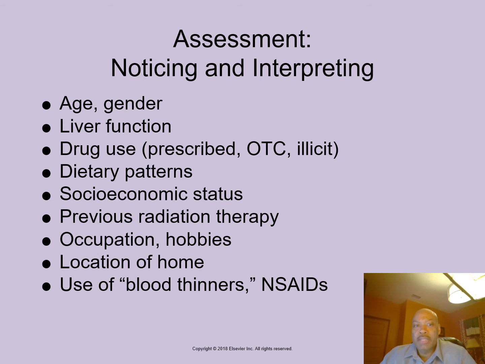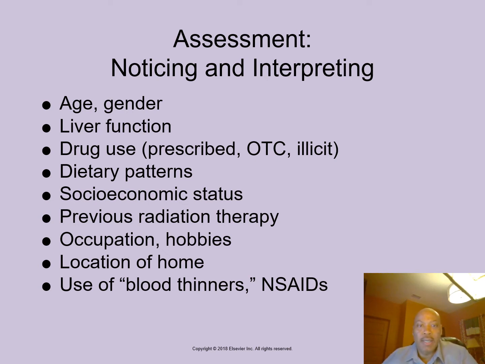So as far as assessment of patients with hematologic issues, age and gender, when we consider those, bone marrow function and immune activity decreases with age. As far as liver function, you want to ask about signs and symptoms that might point to liver problems like jaundice, anemia, as well as gallstones.